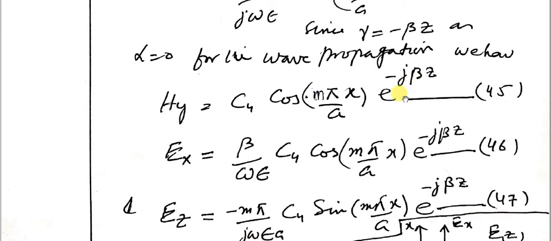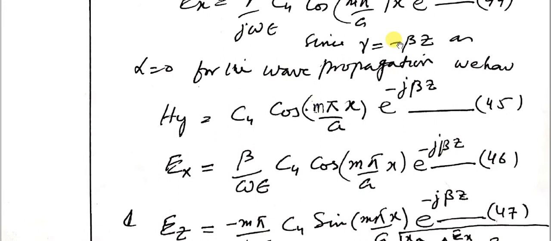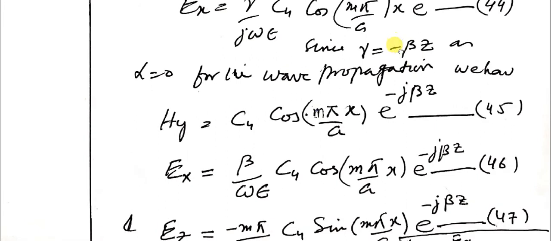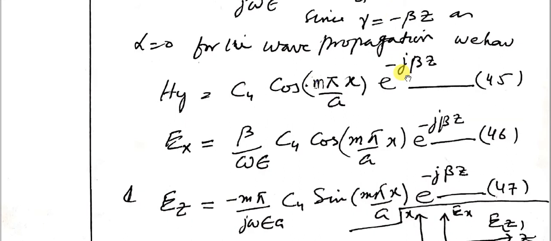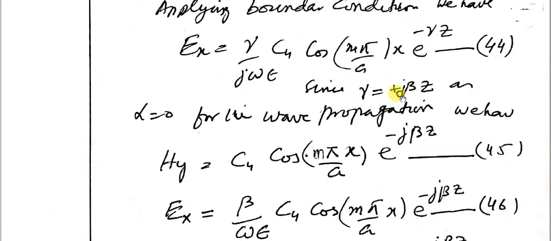Gamma should be minus j beta z. Okay, so gamma is plus j beta z. Gamma is equal to plus j beta z. So putting that value in this equation, minus gamma, which is plus j beta z, I just made this correction, e is minus j beta z.